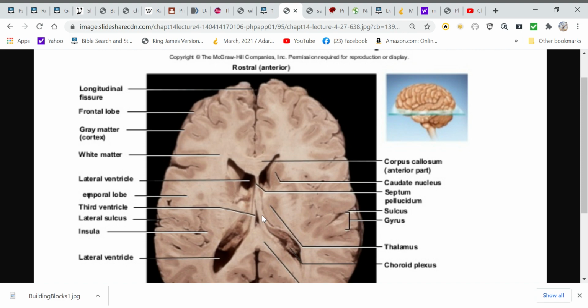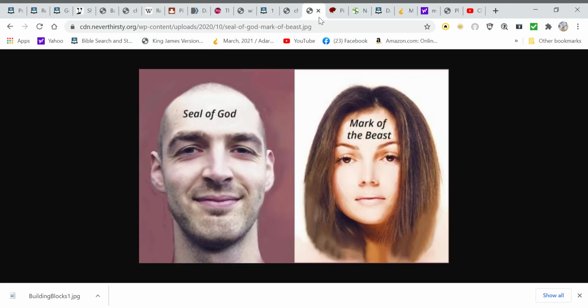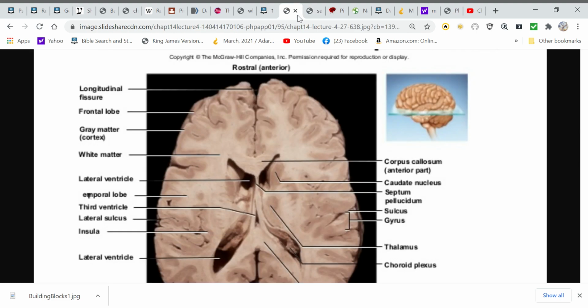Right here we see something called the third ventricle. Now, a ventricle is a cavity or chamber within the brain, okay? And it's not just within the brain, it's called ventricles even in the heart, but it's a word used for cavity or chamber. So this is the third ventricle, which is in the center of the brain, okay? Wait a minute, I didn't want to go there yet.